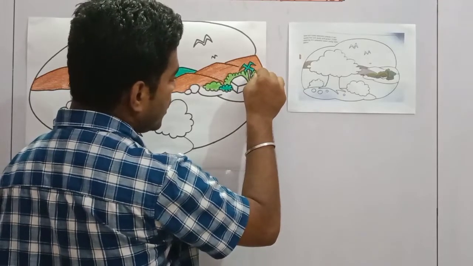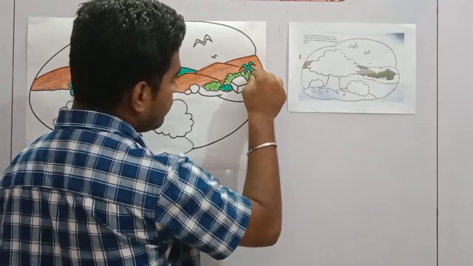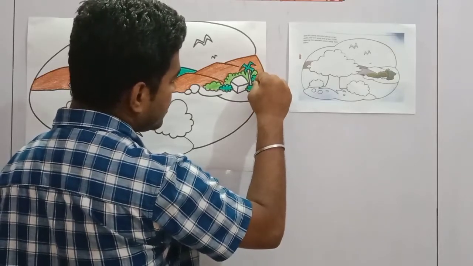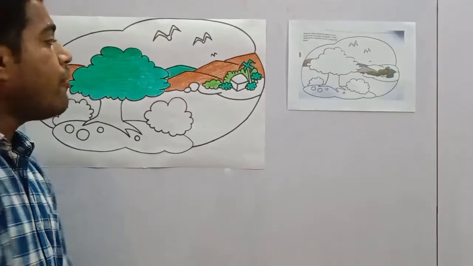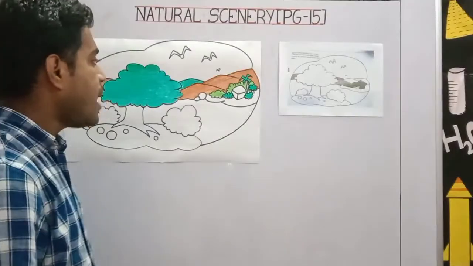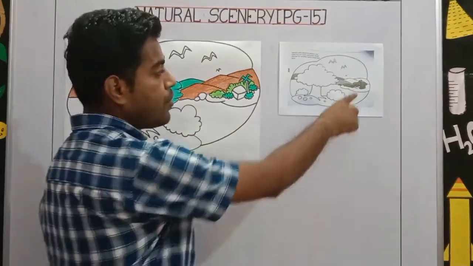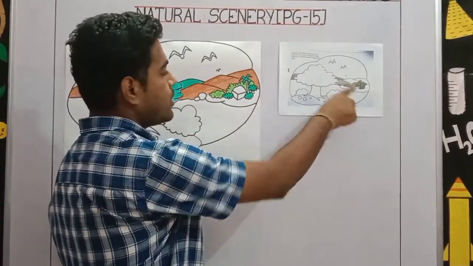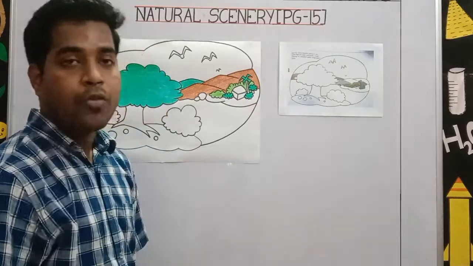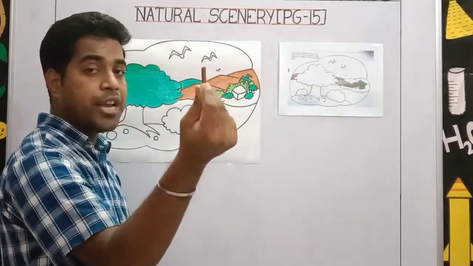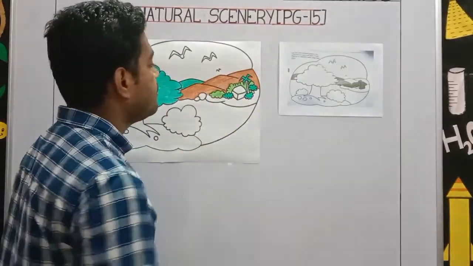Over here we have less space, so we need to be very careful while coloring all minor parts. After finishing with the coloring of these two bushes, it's time to color the roof of this hut. As you can see over here in the drawing, it has to be colored with a brown color, children. So I'm using this brown shade to color the rooftop.